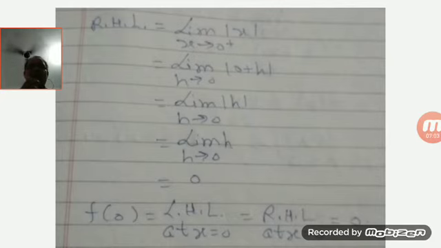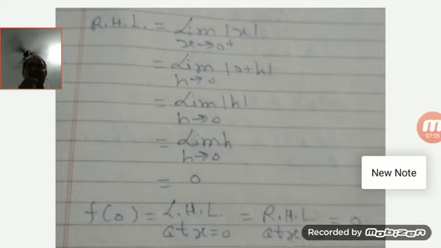So in this way we can see the value of f of 0, the left hand limit at x equal to 0, and the right hand limit at x equal to 0, all these three values were equal to 0. So we can say that the given function f of x equal to modulus of x is continuous at x equal to 0.